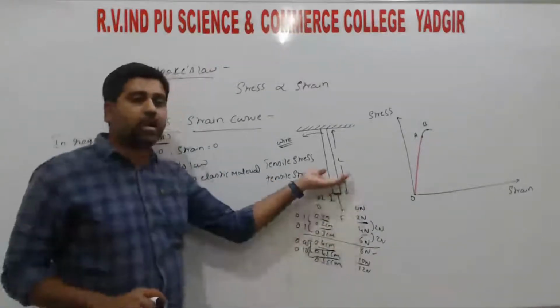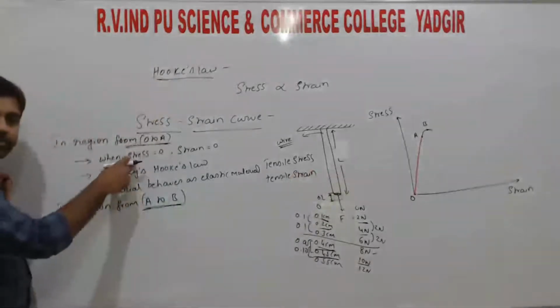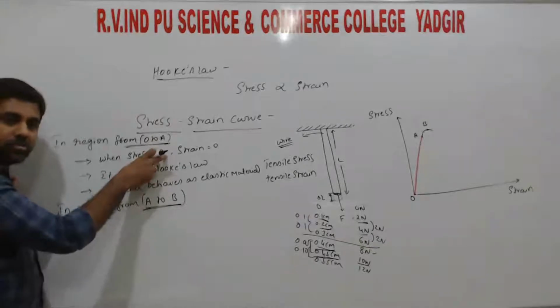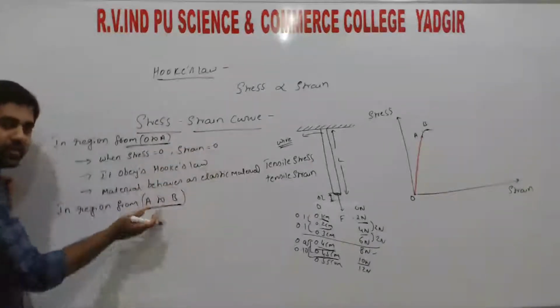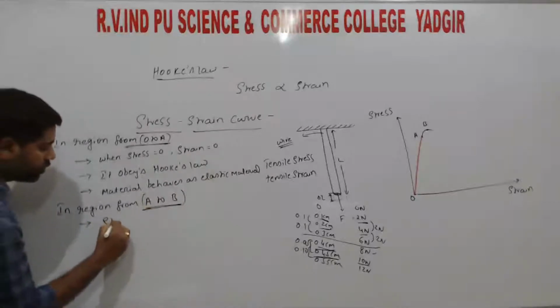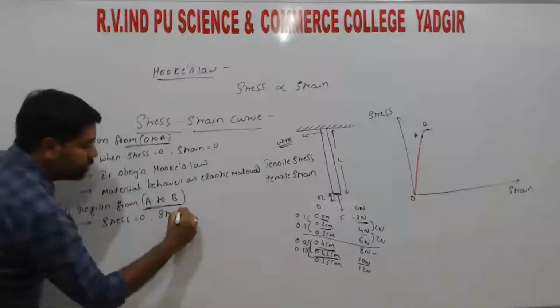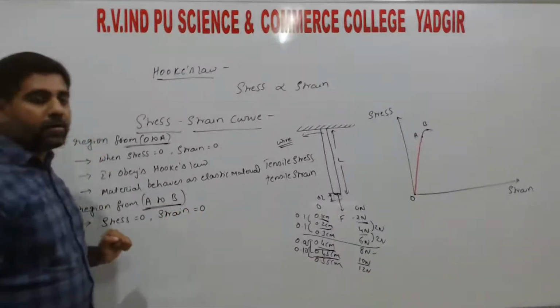The length which had increased goes back again, right? So that means after removal of the deforming force, when stress is equal to 0, strain is equal to 0. So in this case also, stress is equal to 0 and strain is also equal to 0, right?